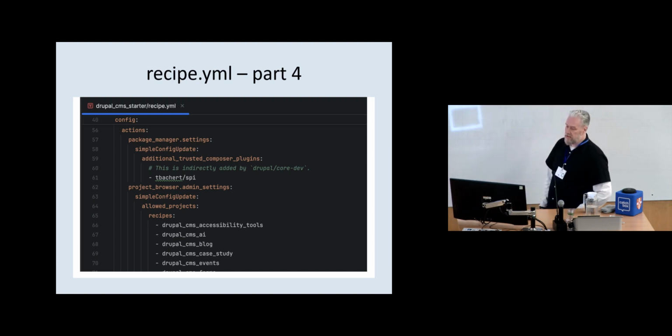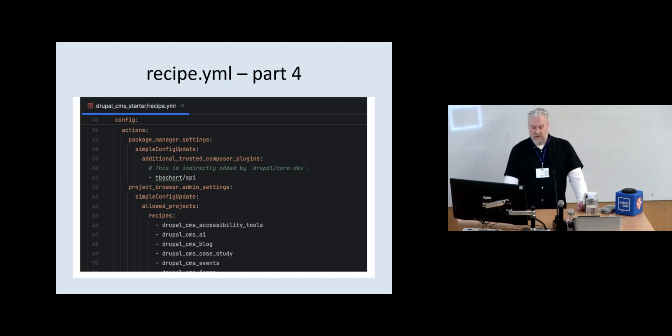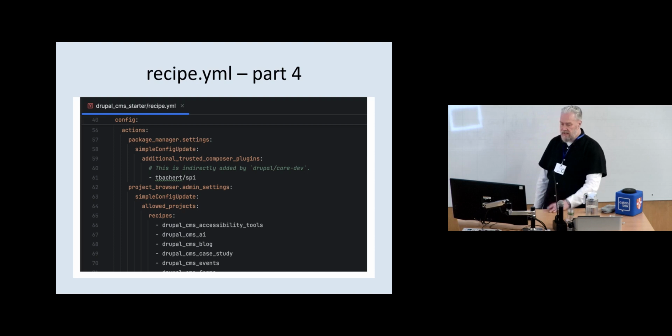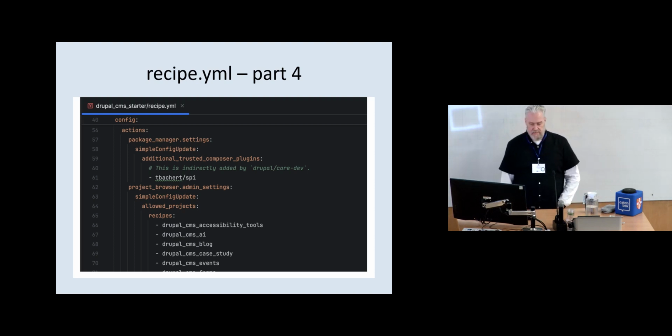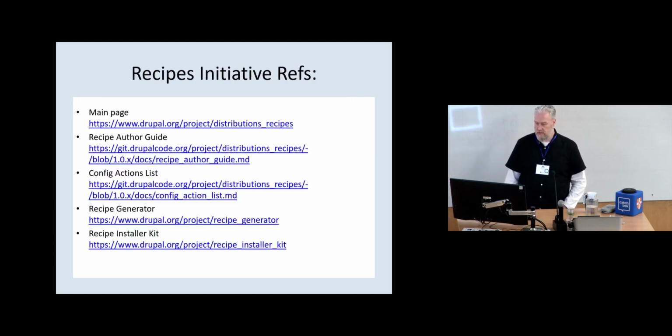And what this recipe is actually saying is look at the package manager settings, find obviously additional trusted composer plugins, and right above that it says do a simple config update, and obviously apply then that tbasher SPI, add that library into the allowed trusted plugins. It's also saying project browser in the admin settings, do a simple config update and allow these projects, and we'll see that a wee bit later on, what that looks like in the front end, but basically those recipes then get allowed in project browser.